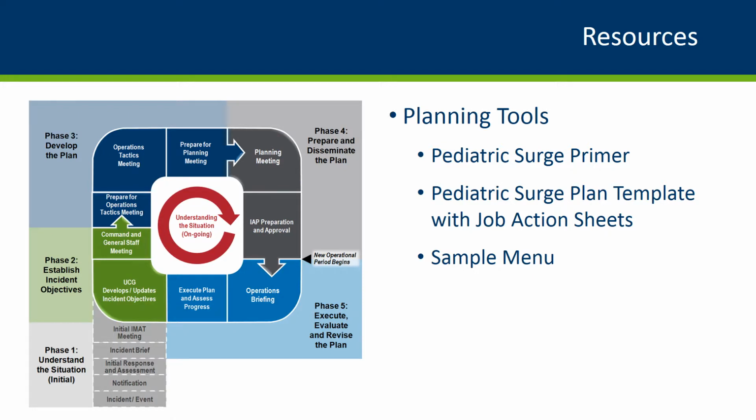If your facility needs a pediatric surge plan or appendix to your current emergency operations plan, you can download the Word documents from the website and make them your own. There is also a sample menu to assist in your planning. If your facility should lose electricity during a disaster, the menu provides easy-to-make meals for children of all ages.